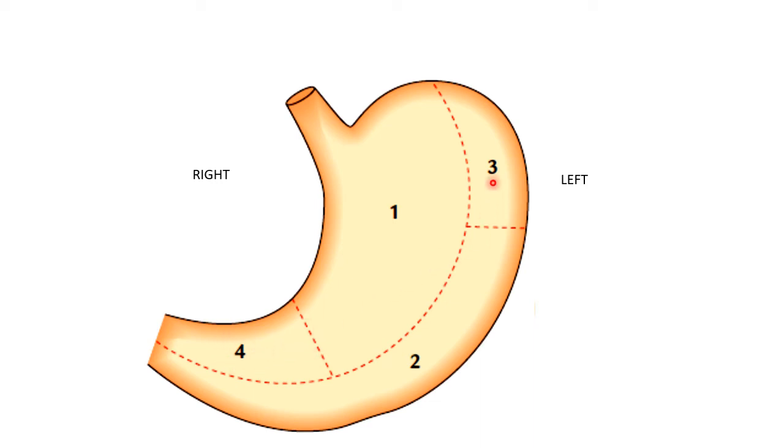Then we divide the left 1/3 into an upper 1/3 area 3 and a lower 2/3 area 2. In this way, we divide the stomach into 4 lymphatic areas.